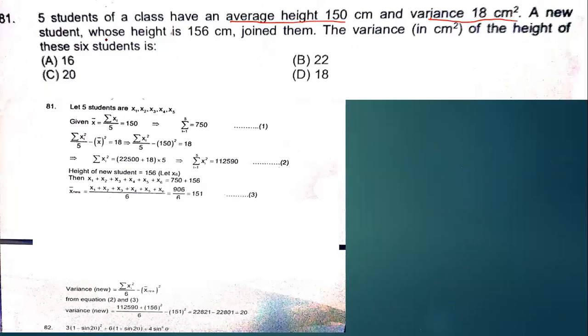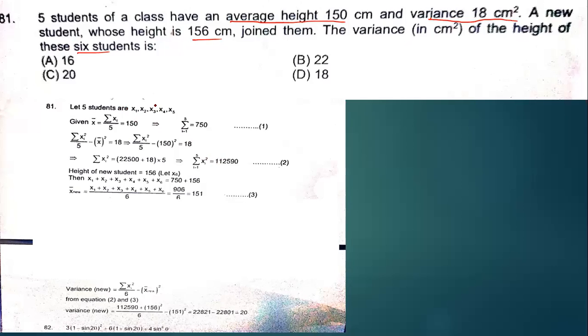A new student whose height is 156 centimeters joins them. Then what is the variance of the height of these 6 students? Presently, they have given the average height of the 5 members and their variance also. One more student is added. Then what is the new variance they are asking?